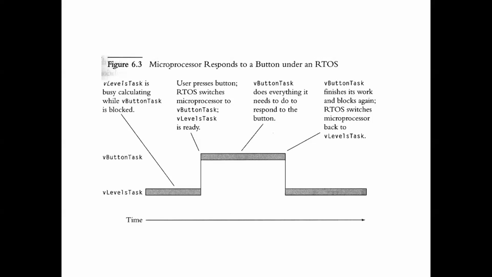It's a high priority. Okay, so initially, whenever you switch on your embedded system, I have a question: out of these two tasks, which task will be executed by the microcontroller? So this is your first oral question. I have two tasks. First task, the level task, which is low priority, and second task, the button task, which is highest priority.